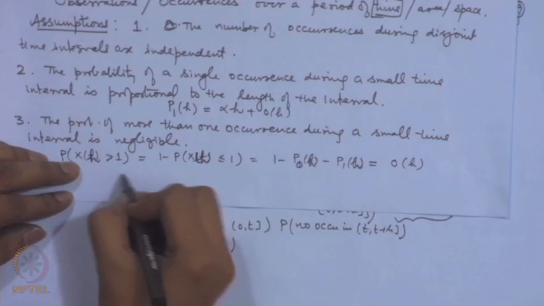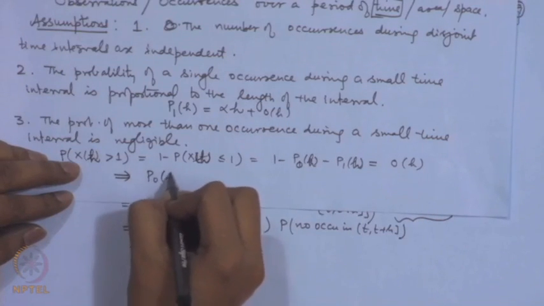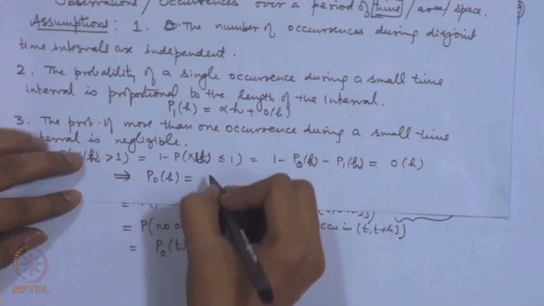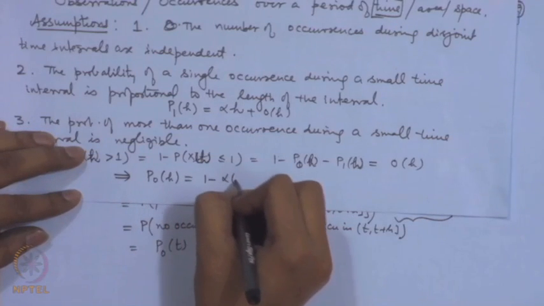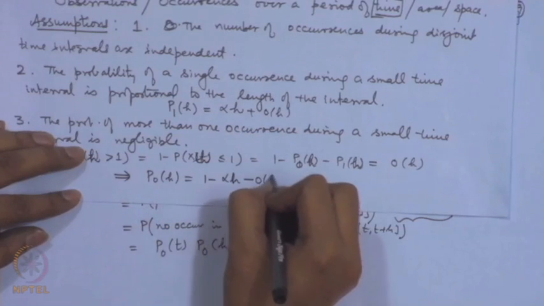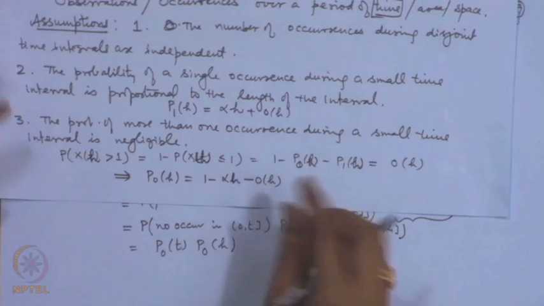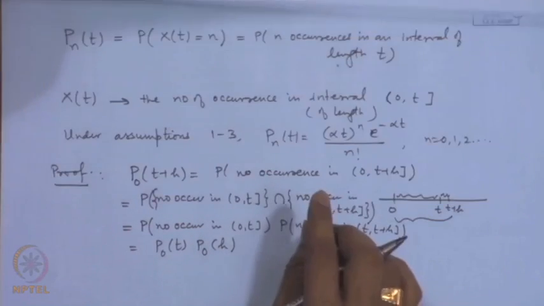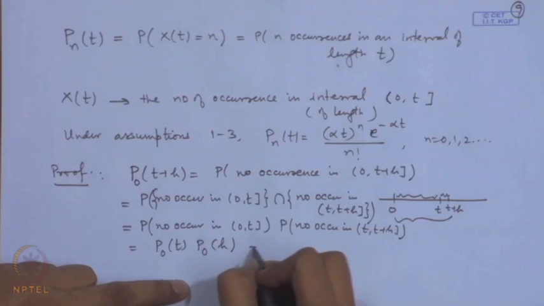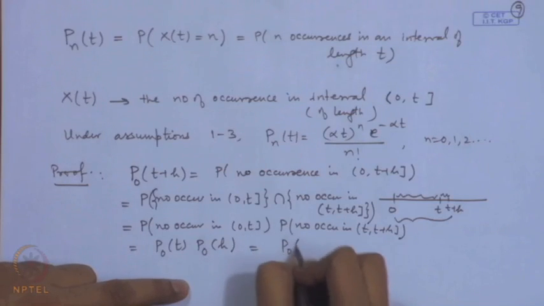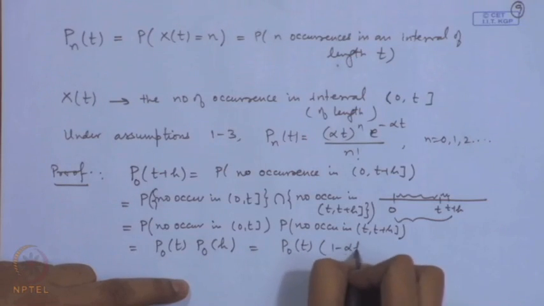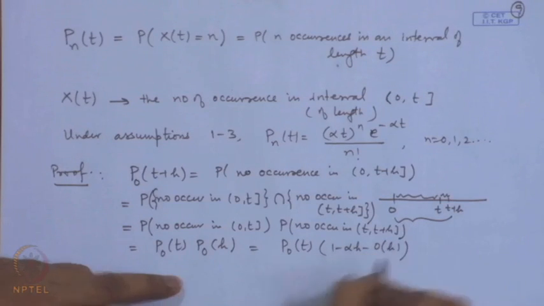So, if we substitute here, we get p0(h) is equal to 1 minus alpha h minus o(h). Two times o(h) is the same as writing once. So, this is equal to p0(t) times (1 minus alpha h minus o(h)).